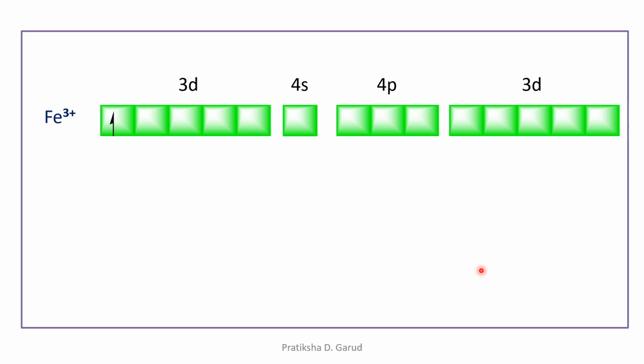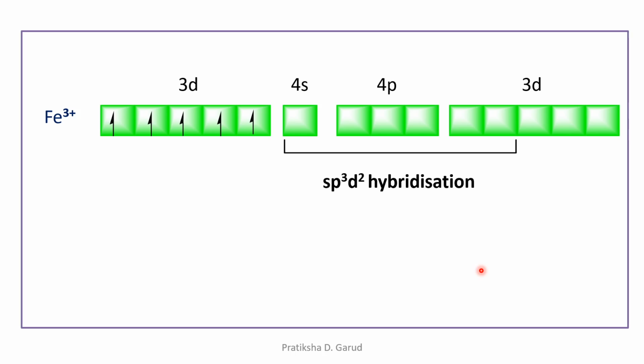Okay, so this is the first electron, second electron, third electron, fourth electron and the fifth electron. So this 4s, 4p and the 4d, they are forming the sp3d2 type of hybridization.